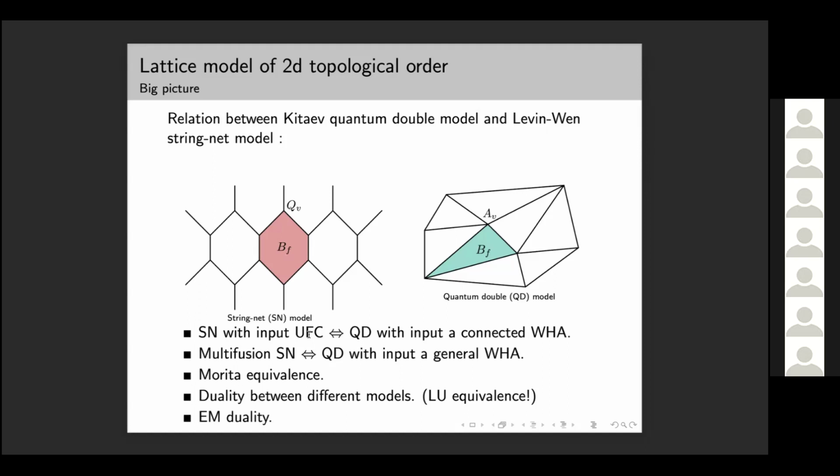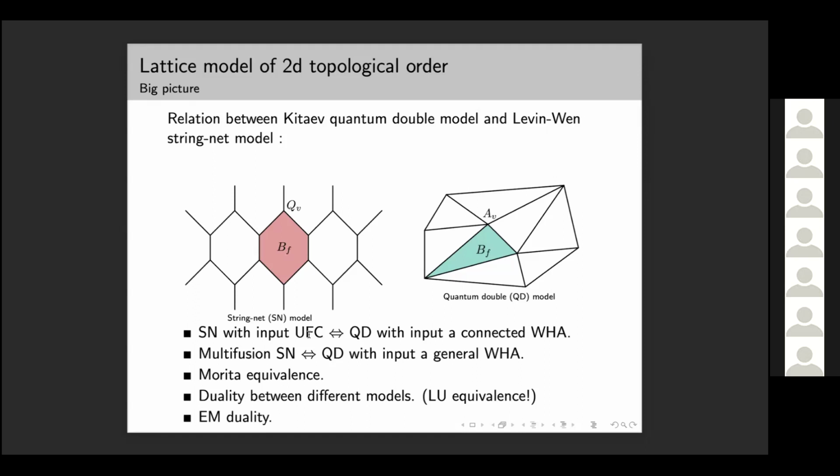But generally, we can take the input data of the quantum double model to be a general Hopf algebra. In this case, the input data of the string-net model must be a multifusion category. So this is the basic motivation for us to study the multifusion string-net model.